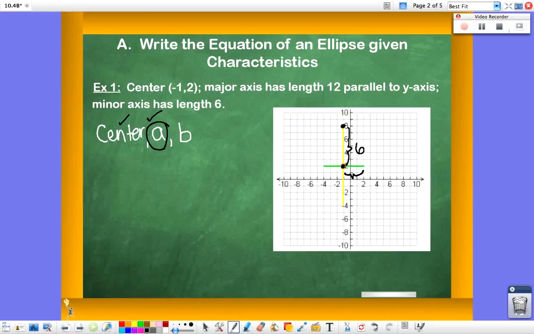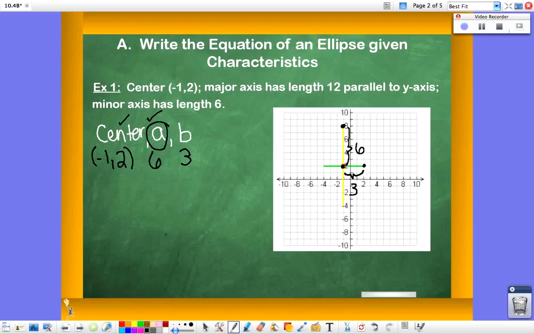My B value, remember, runs from the center to a covertex, and here we can see from the center to the covertex has a value of 3. So what do we have so far? We've got a center at -1, 2, an A value, remember that's always going to be the bigger one, of 6, and a B value, which is the smaller, the distance from the center to the covertex, of 3.